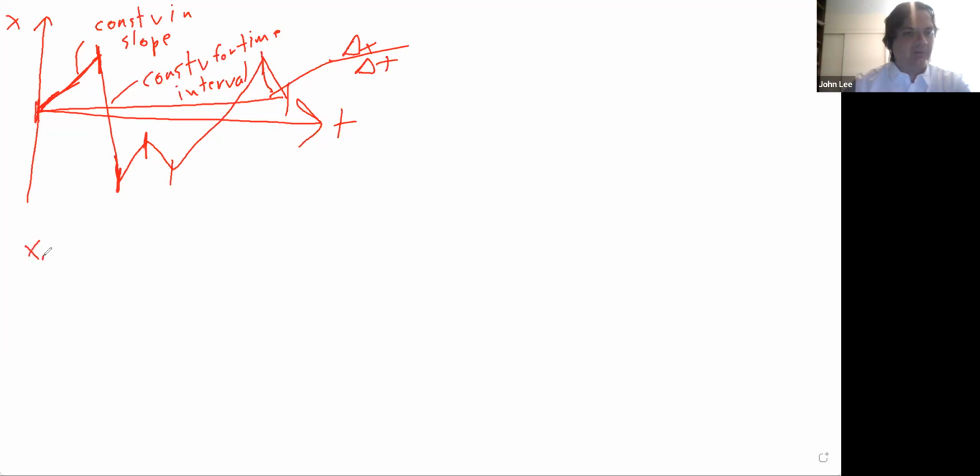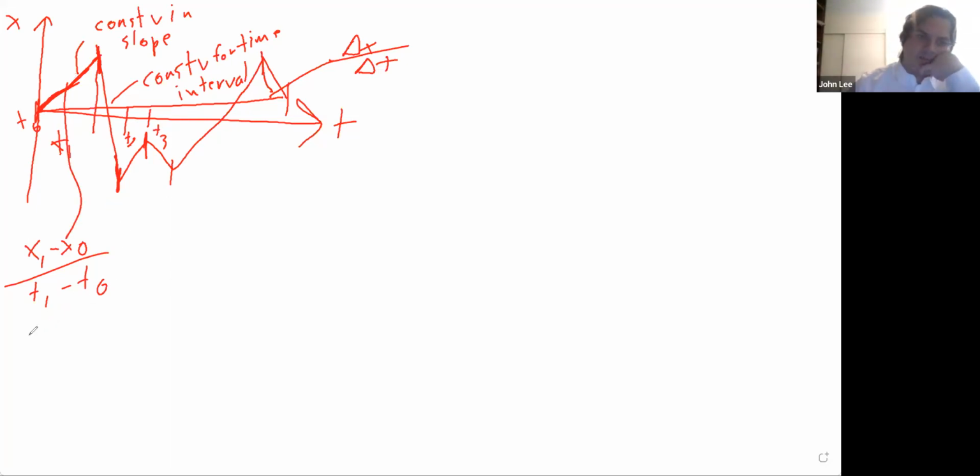So x1 minus x naught over t1 minus t naught for this first line segment, where this is t naught, t1, t2, t3, and so on and so forth. That equals v of the first line segment.